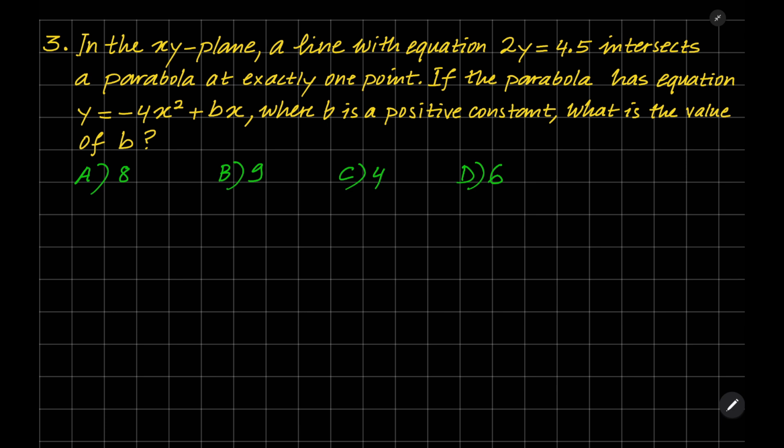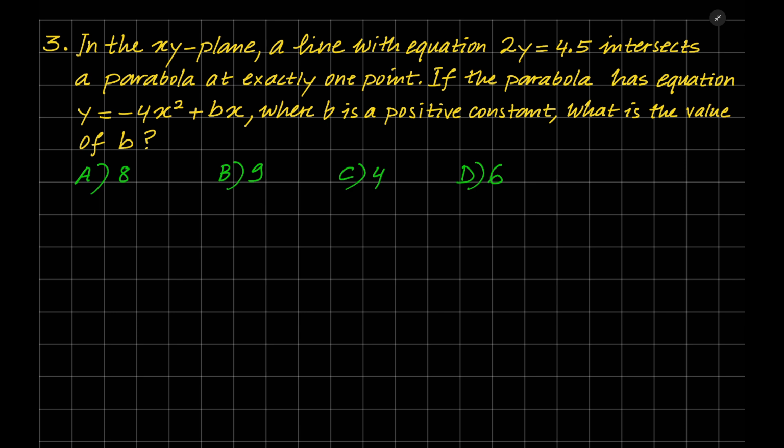Question 3. In the xy plane, a line with equation 2y equal to 4.5 intersects a parabola at exactly one point. If the parabola has equation y equal to minus 4x squared plus bx, where b is a positive constant, what is the value of b?